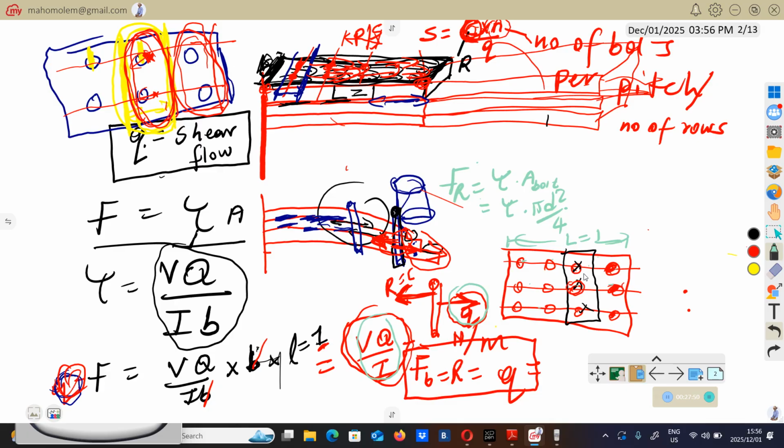If you want to know the total resisting force that will be applied by these bolts, then you take this multiplied by 12, where this n represents the total number of bolts, which in this case is going to be 12. So this n that you see here represents the total number of bolts per meter length.